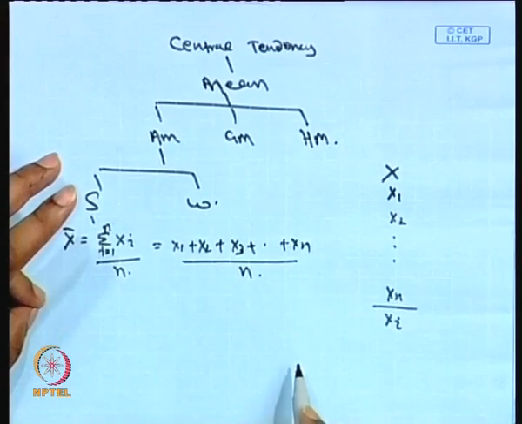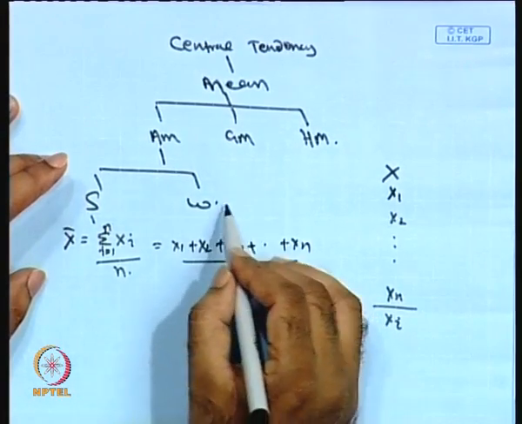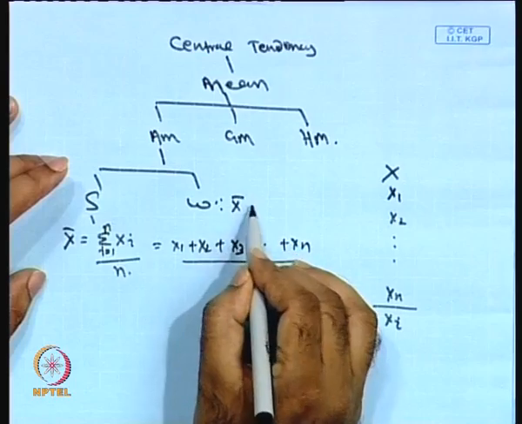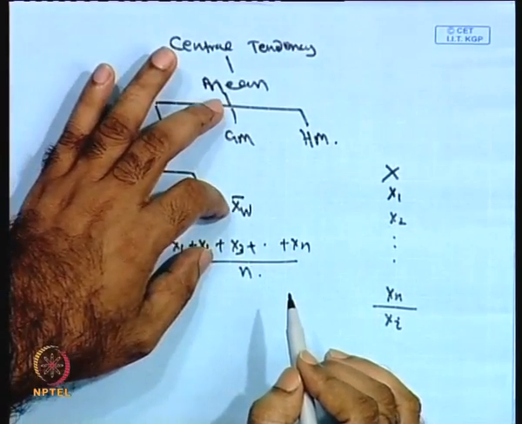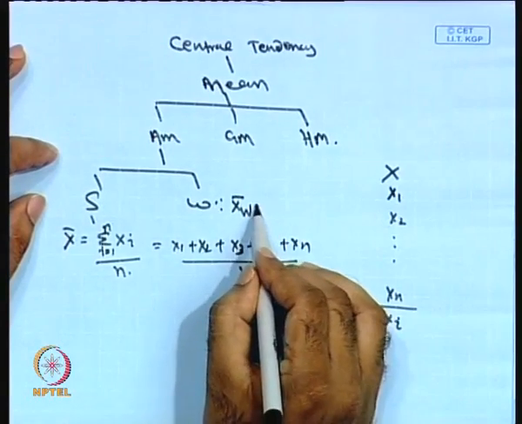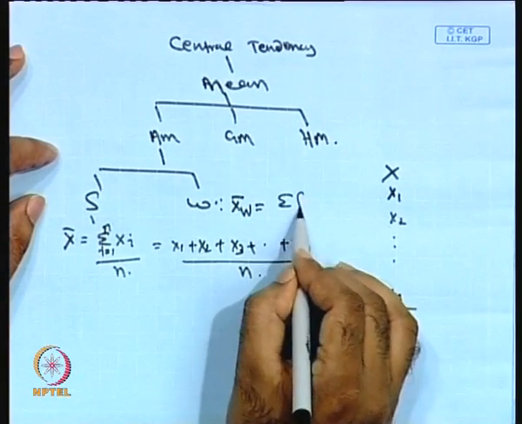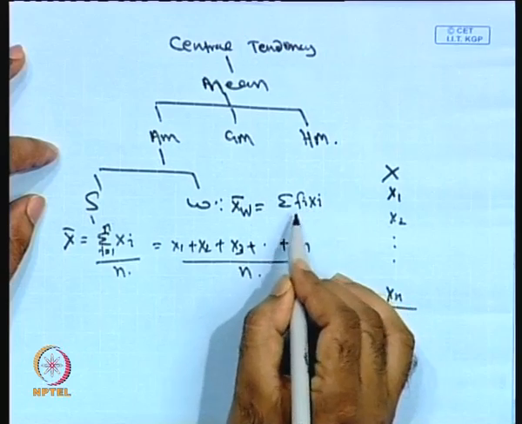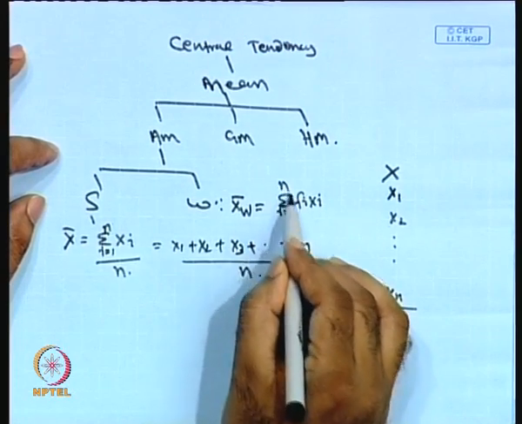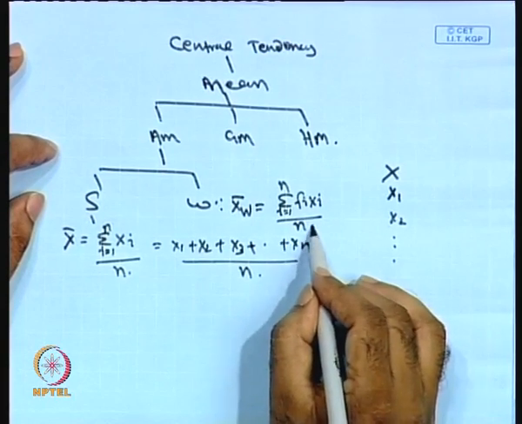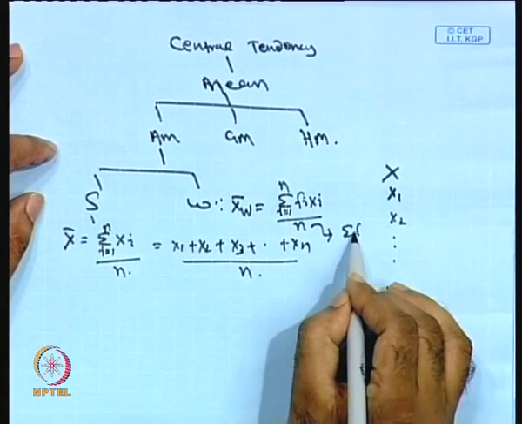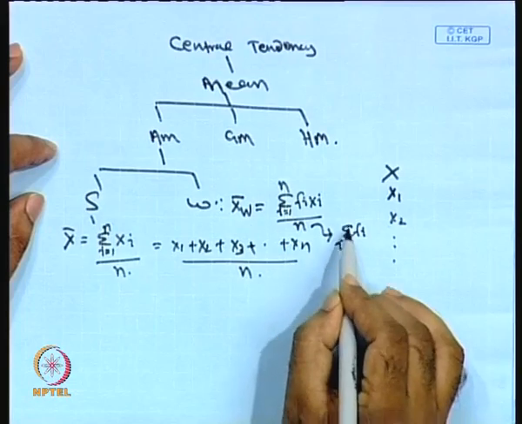When there is a weighted average, then x bar is sometimes represented as x bar w. So, it is nothing but summation fi xi, i equal to 1 to n, divided by n, where this n represents summation fi, i equal to 1 to n.